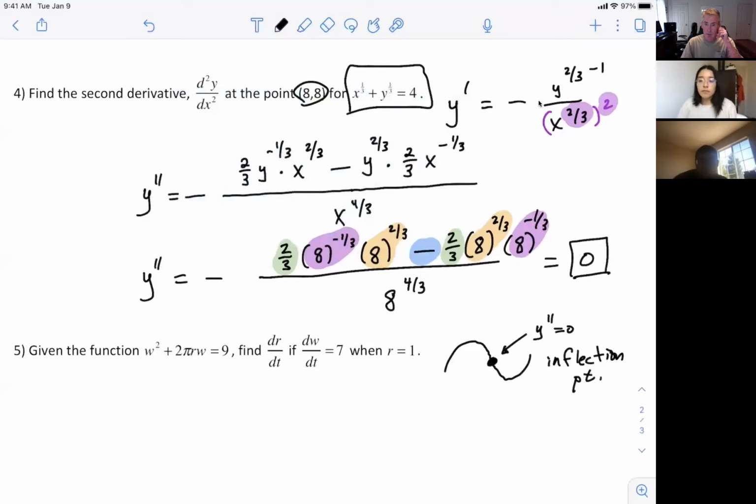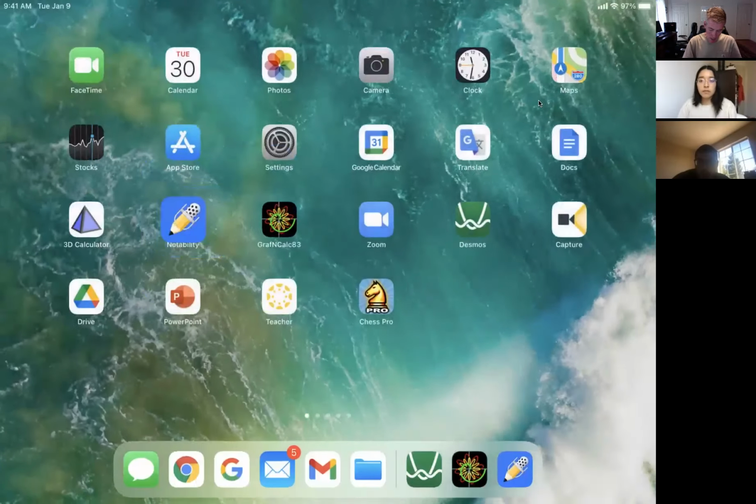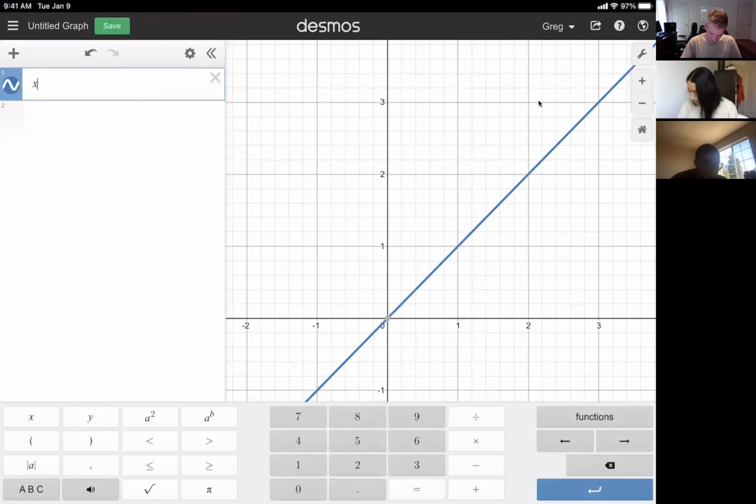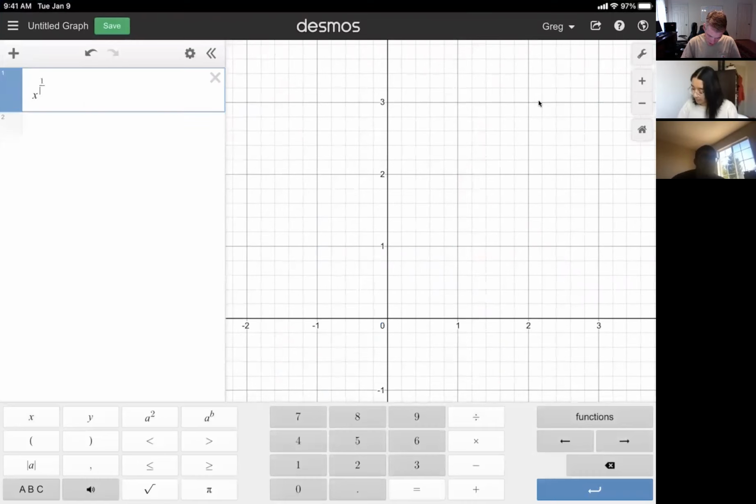So x to the 1/3, y to the 1/3 equals 4. And again, it's not solved for y, so I'll need to use Desmos. So x is raised to the 1/3, plus y is raised to the 1/3, and then it equals 4.